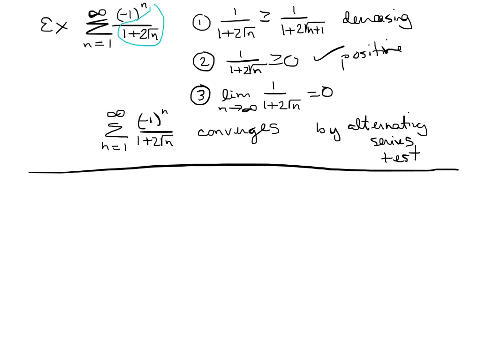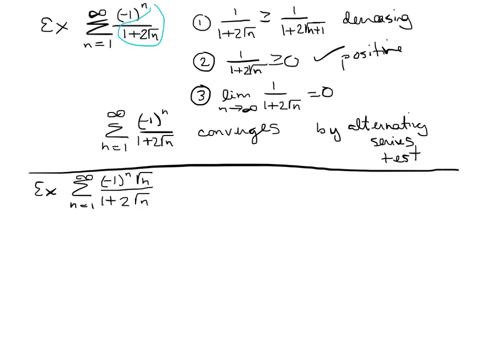Second example. Let's look at the sum from n equals 1 to infinity of negative 1 to the n, root n, all over 1 plus 2 root n. So there's the two things, decreasing and positive.